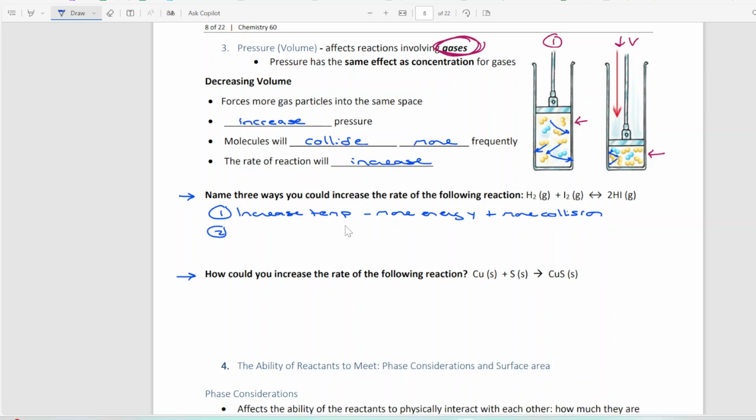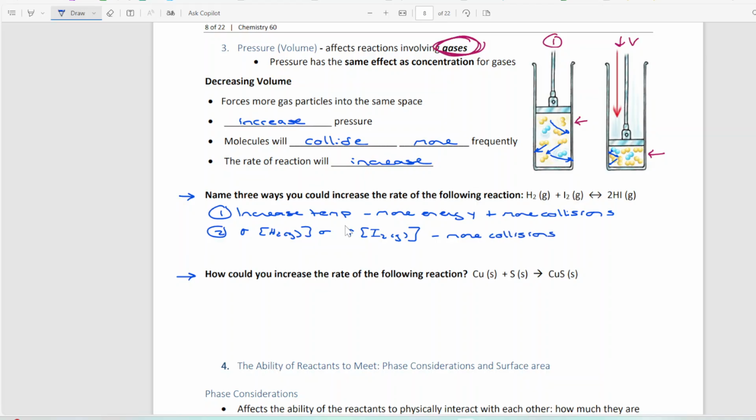Secondly, can we increase the concentration? Can you increase the concentration of gases? Yes. You could increase the concentration of hydrogen gas, or you could increase the concentration of iodine gas. Okay, either one of those. So increasing the concentration, you would get more collisions.